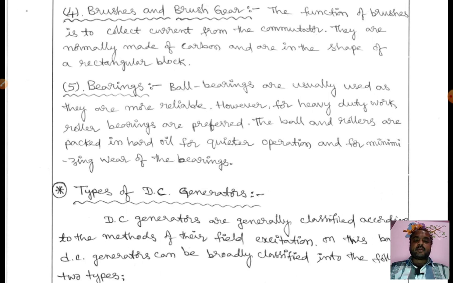Ball bearings and roller bearings are packed in hard oil for quieter operation and for minimizing wear of the bearings. Bearings are also used to reduce friction and windage loss, friction and noise. So for heavy type machines we are using roller bearings, and for small rating machines we are using ball bearings.